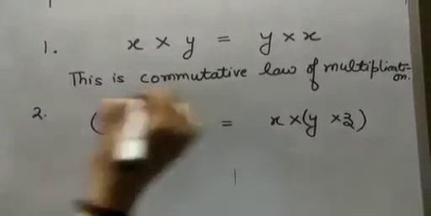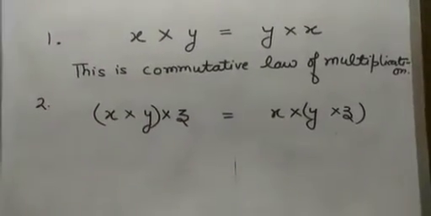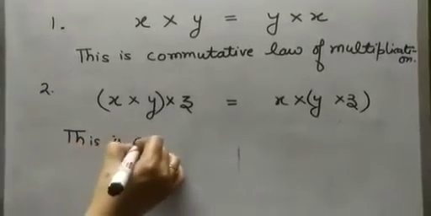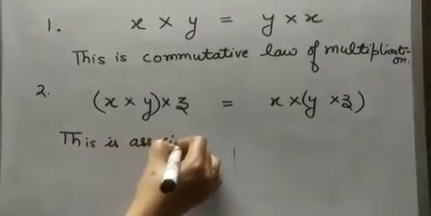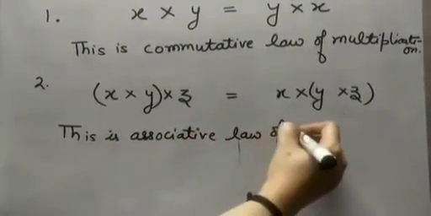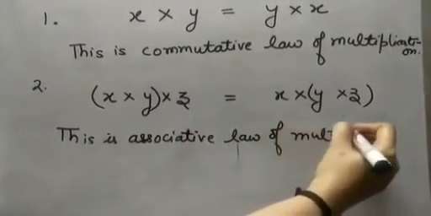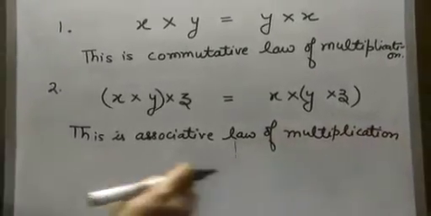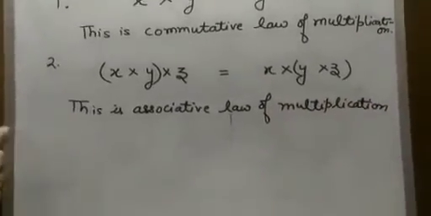But the result will remain the same. So this is the associative law of multiplication. Same we did in the case of addition also.